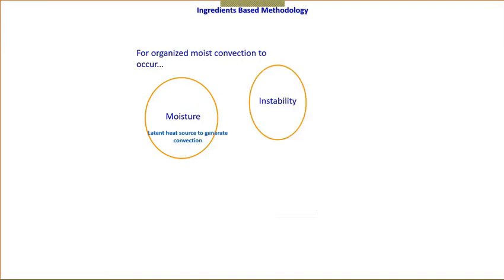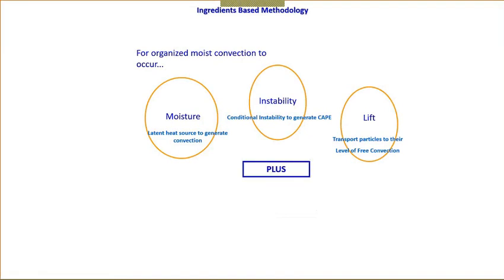Well, if we look at the ingredient-based methodology, you can more or less look at the first 3 ingredients. That is moisture, that's instability again, and that's lift, what I already told you. And the challenge in everyday summertime convective forecasting is that you search for a sort of overlap area.